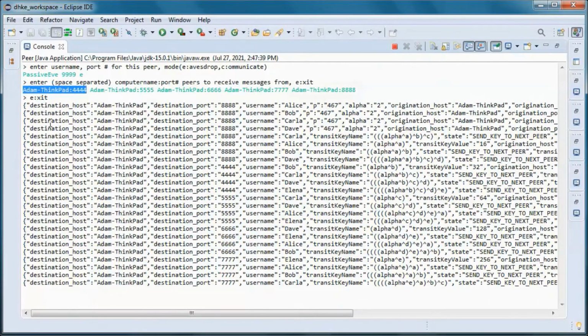Now passive Eve here can see the values for P and for alpha.